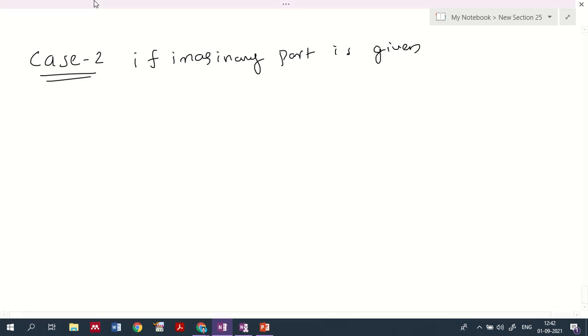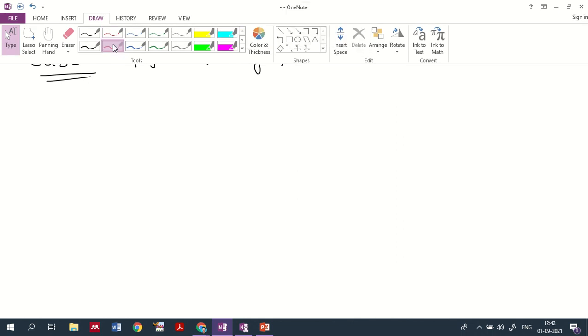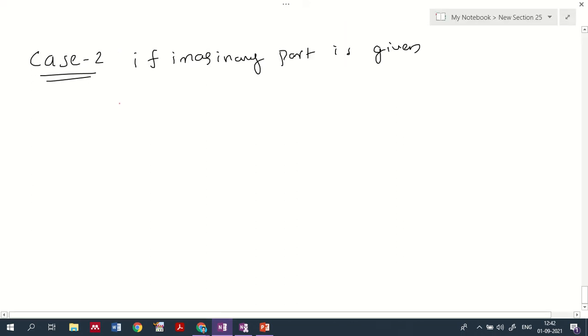So that is the next case we need to see. So let me just describe that, and it is the same way you have to do it. And here also step 1 is, you have to assume the imaginary part v equal to psi of x, y.